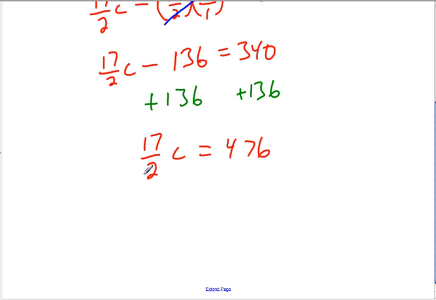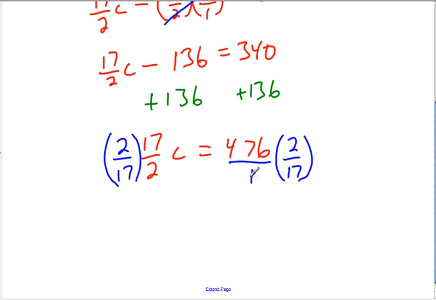Remember, it's very easy to multiply or to divide by a fraction. You just multiply by the reciprocal, 2 over 17. Now my guess, well, this cancels out. My guess is that the right side is going to be divisible by 17. That's a guess, so let's find out.